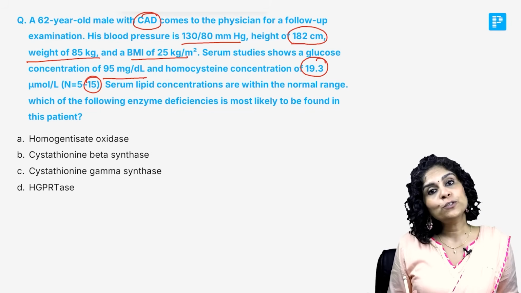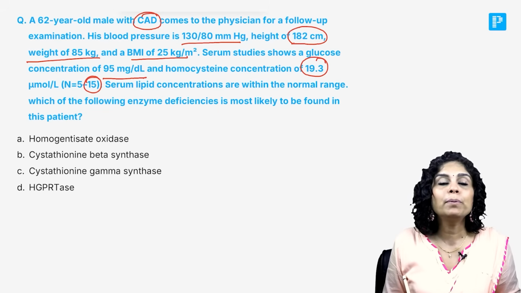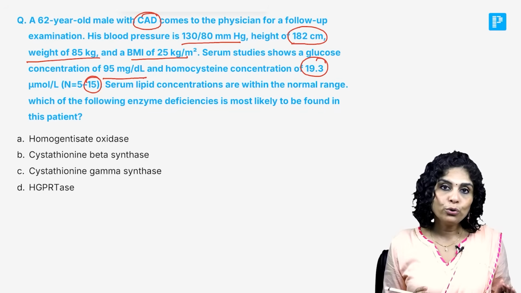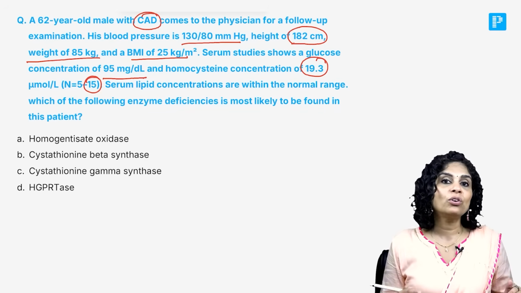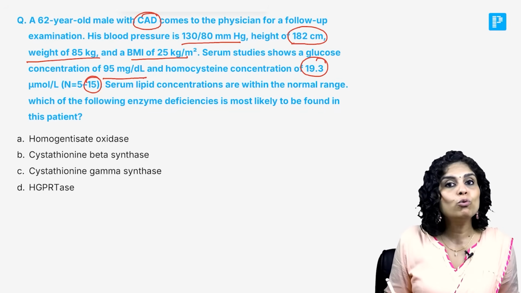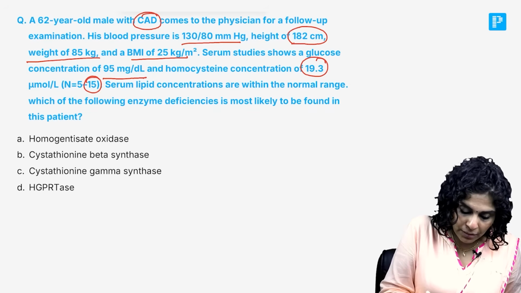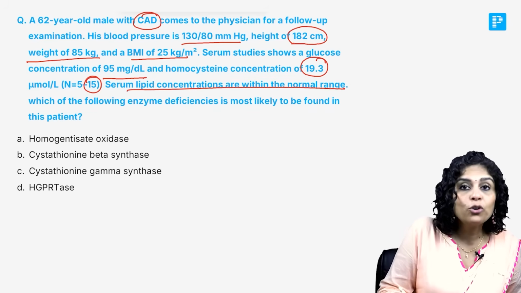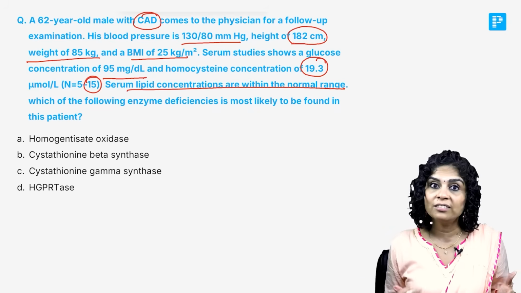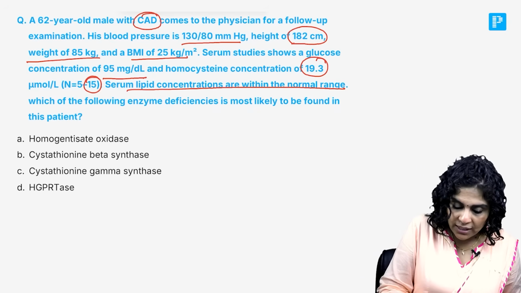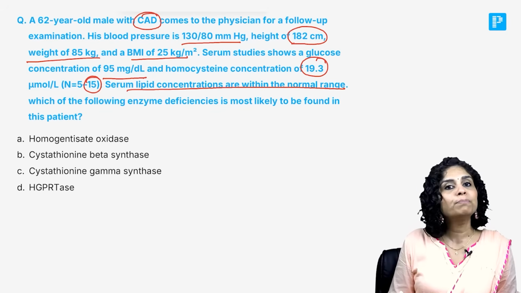So one of the causes of atherosclerosis is hyperhomocystinemia or homocystinuria. So now you know this person is presenting with coronary artery disease because of homocystinemia or homocystinuria. Serum lipid concentrations are within the normal range. So dyslipidemia, another risk factor, is ruled out. Which of the following enzyme deficiencies is most likely to be found in this patient?